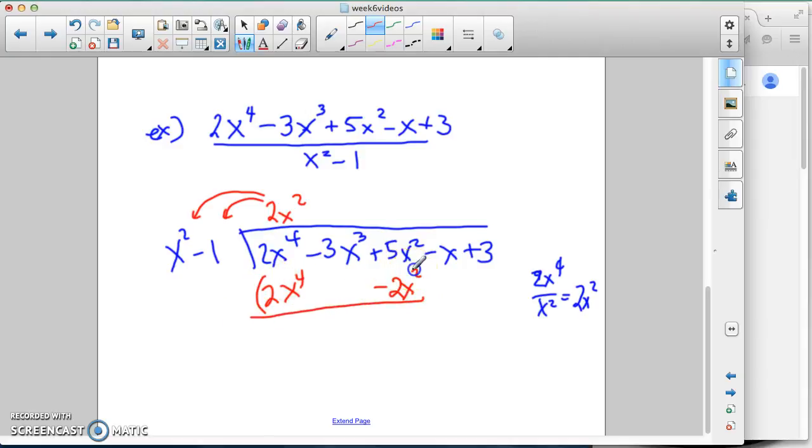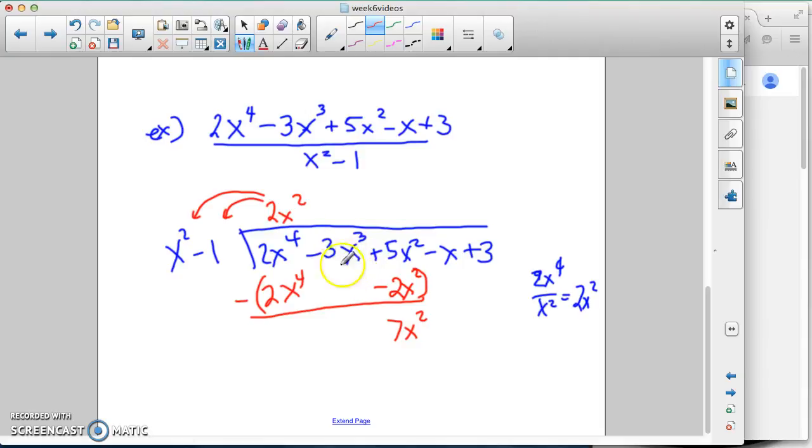So we're going to subtract as we did before, but we don't have any x cubes to subtract. When we do this multiplication, we don't get any x cubes. So if we do this subtraction, this goes away, or I'm sorry, 5 minus negative 2, that's going to be 7x squared, because we're having a minus and negative, so that changes to plus.